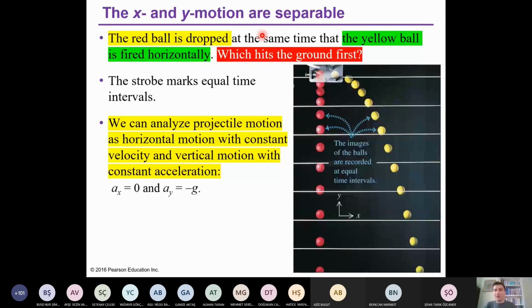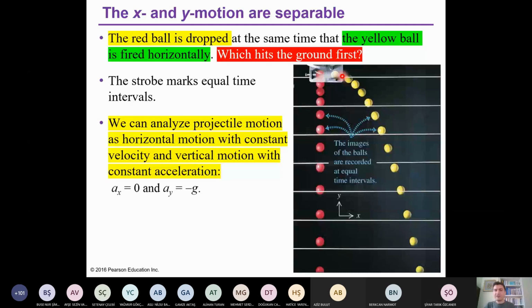At the beginning of my talk, I asked you a question: which hits the ground first? You have a red ball, you just leave it, and then it has free fall motion. And there is another ball with yellow color, you throw it in the horizontal direction, okay?